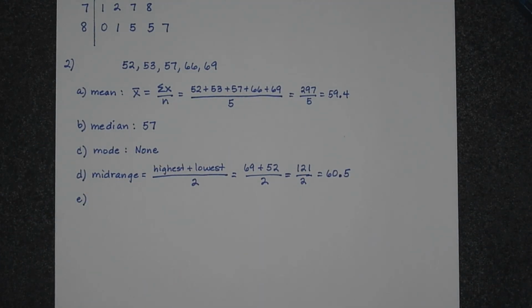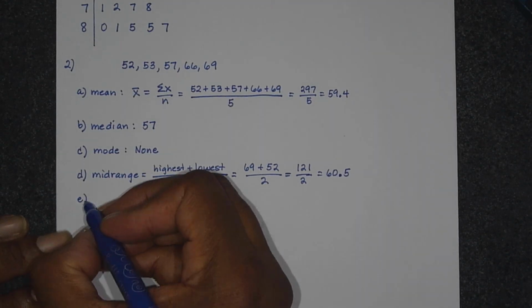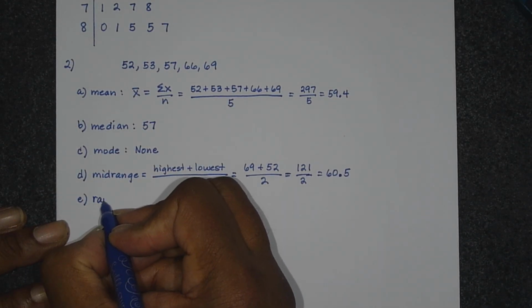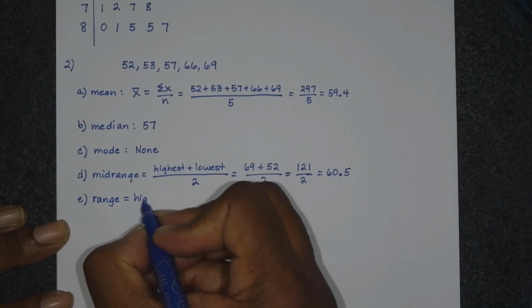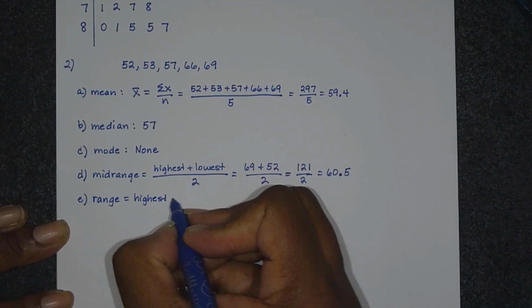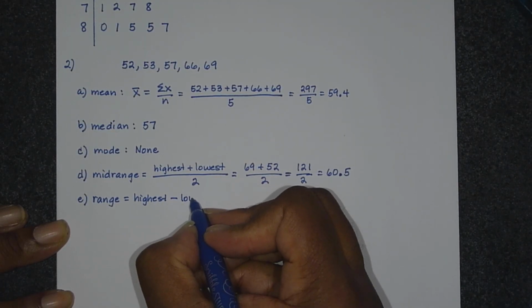Okay. Part E is finding the range of the data set. That's simply the highest data value minus the lowest data value.